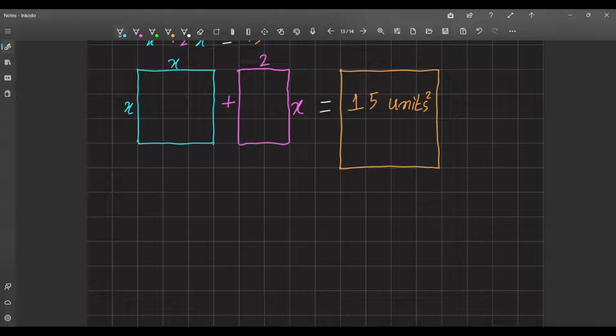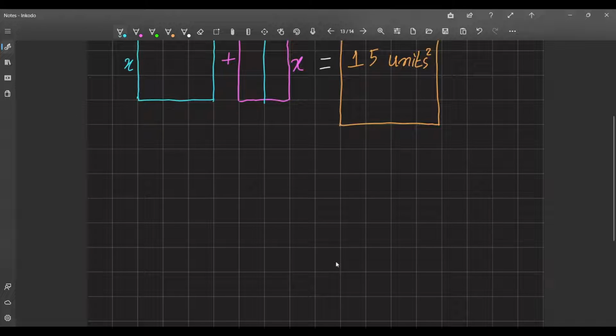If I cut this rectangle in half, I'll get two rectangles of sides 1 and x. Okay, so I'll do that. I can do that since I have 2x here, and if I break it down, I can write it as x plus x. Okay, so let's take it to the next step, in which we will have, first of all, a square.